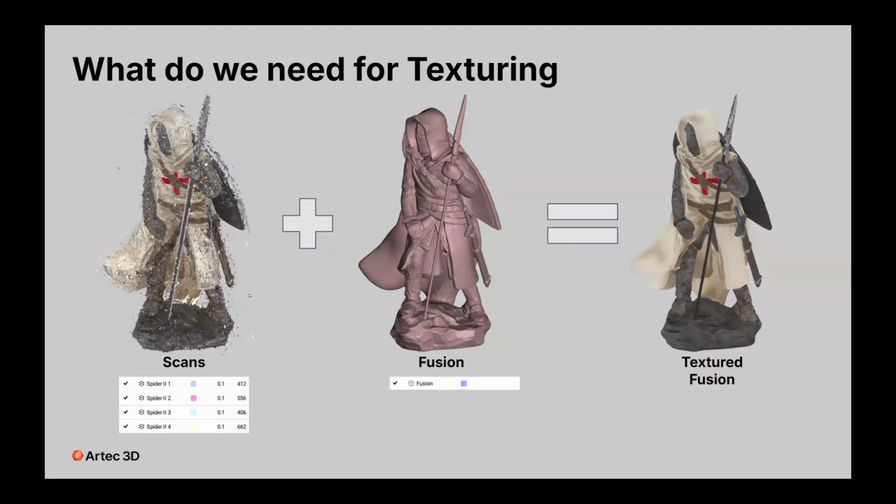So Artec Studio, when you're running the texturing algorithm, automatically maps. First of all, it unwraps the geometry and maps different images onto your texture atlas, onto your final 3D model. This way you are able to get this nice looking mesh with true to life colors.